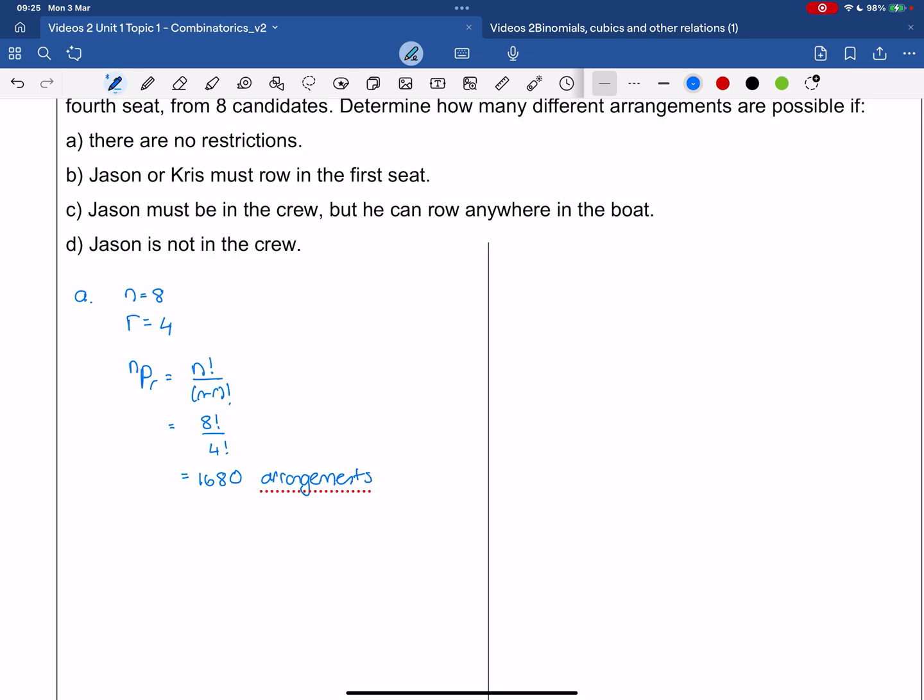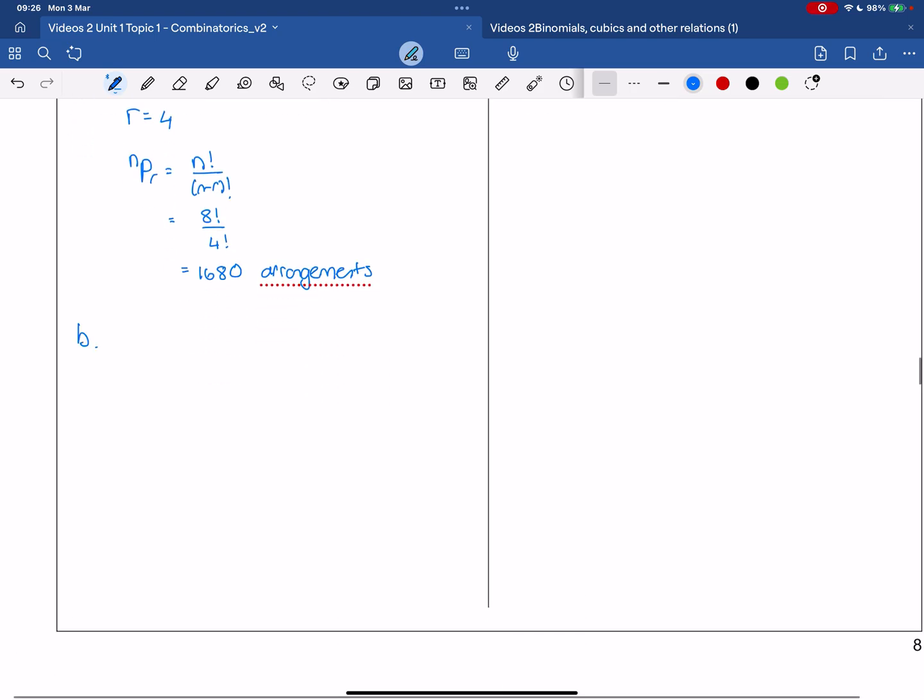All right, now, the second one says Jason or Chris must row in the first seat. All right, so that means I've got a choice of 2 people to row in my first seat, and then seat 2, 3, or 4 can come from the rest.